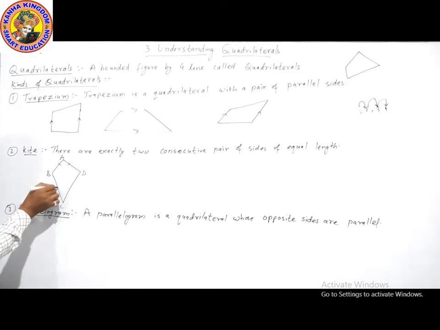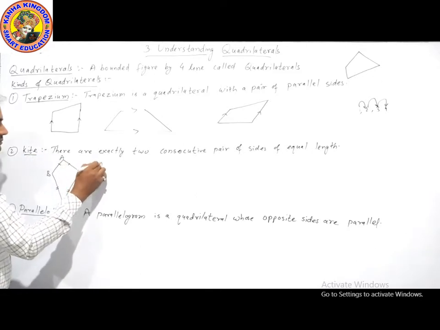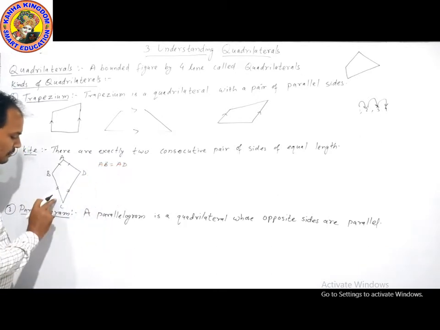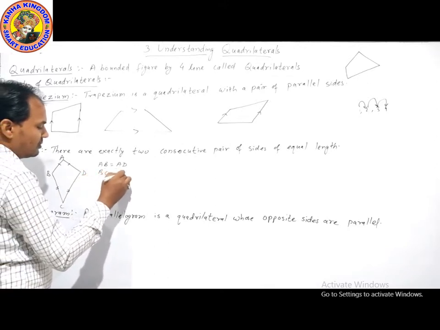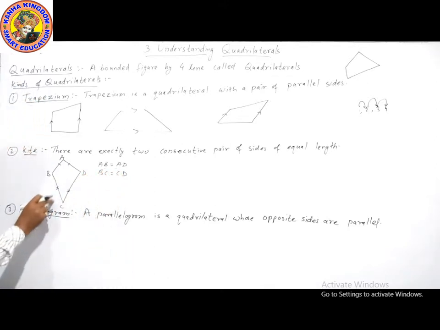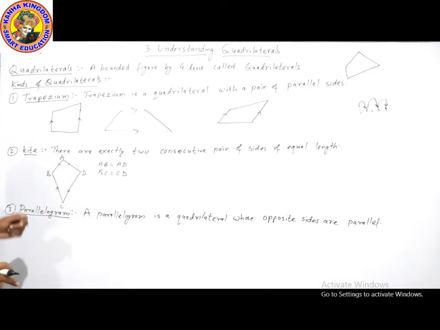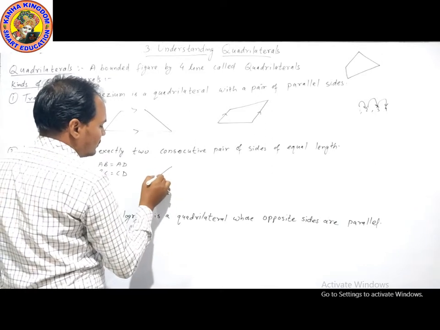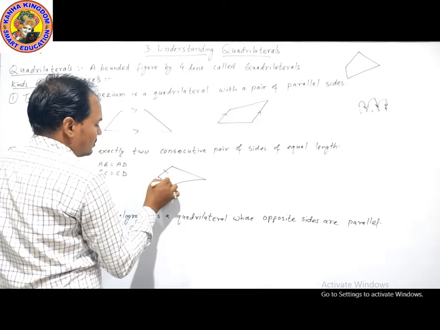In this diagram, AB is equal to AD, BC is equal to CD. I can draw this diagram in this manner.